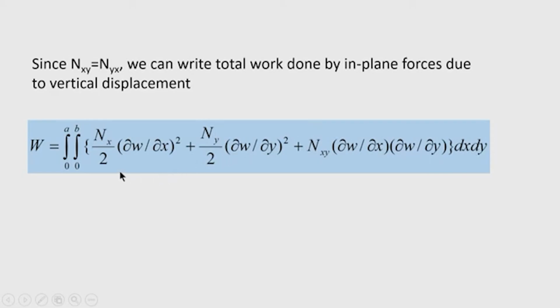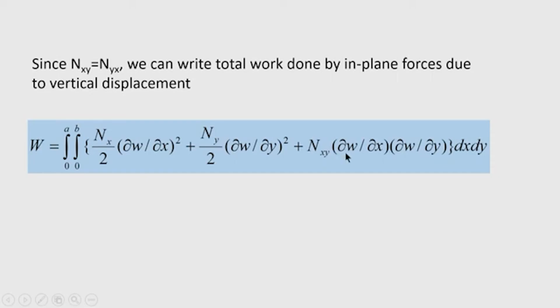You can note here that this component is the work done due to membrane force, or in-plane force, in the x direction due to vertical displacement, and this component is the work done due to membrane force in the y direction due to vertical displacement of the plate, and this is the work done by the membrane shearing force N xy or N yx due to vertical deformation.